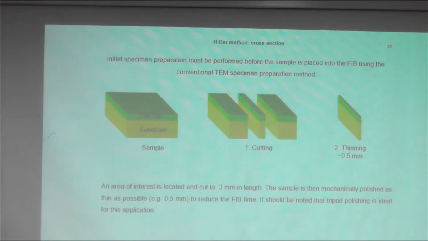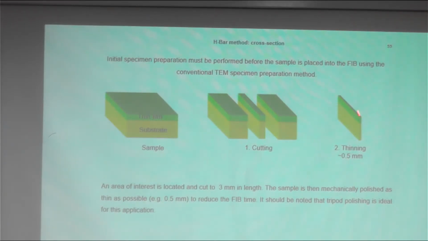So now let us look at the first method. This is the H-bar method for cross-sectional preparation, because we are still interested in the microstructure of our chalcogenide thin films. Here it's based on the conventional preparation method. First, you have to cut slices from your specimen.